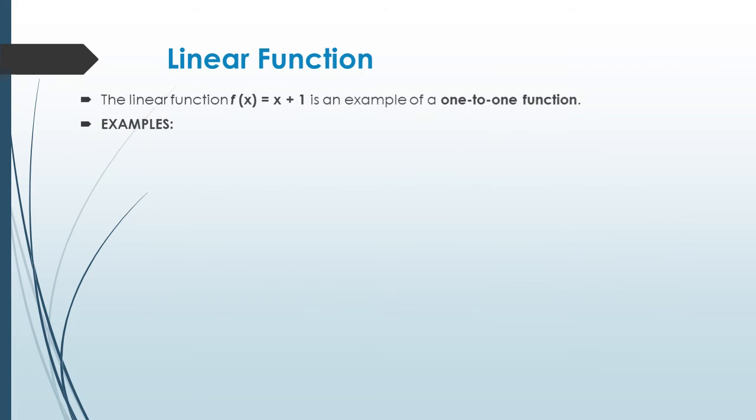For linear function. The linear function f of x is equal to x plus 1 is an example of a one-to-one function. So, ang ating linear function class, yan po ay example ng ating one-to-one function kung naaalala niyo po class. Bakit po?